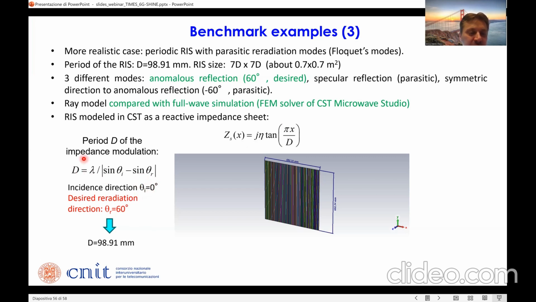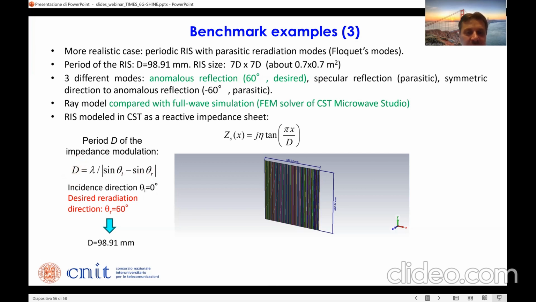So the relation between the incident and desired radiation angles and the wavelength and the period of the impedance modulation is given by this equation.